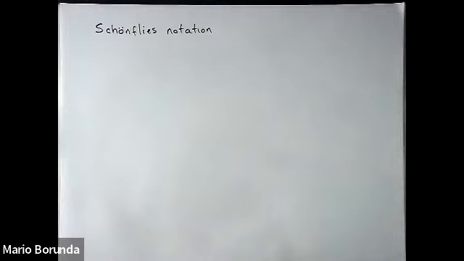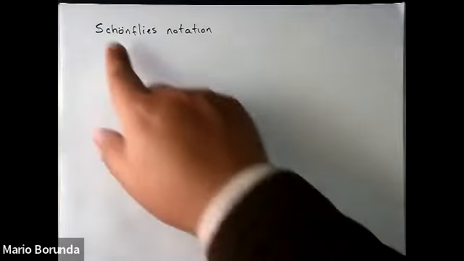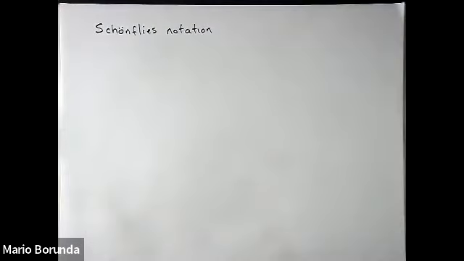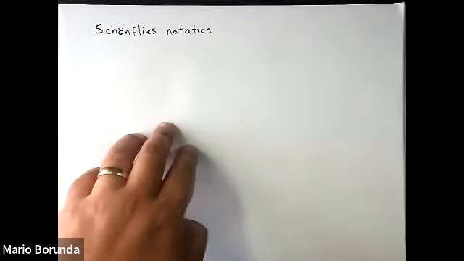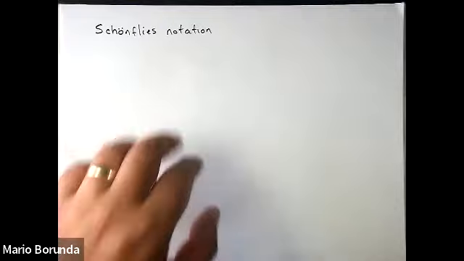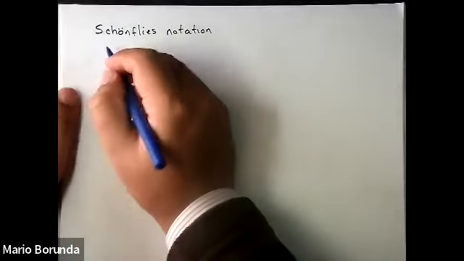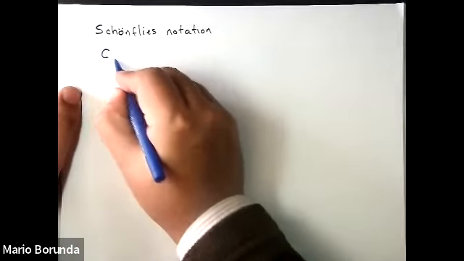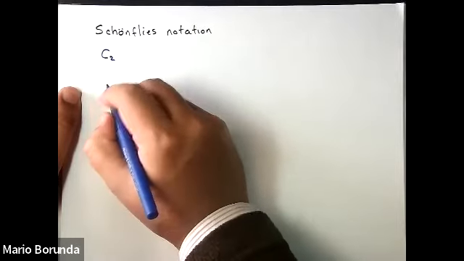So the basic symmetries of the system can be described with this Schoenflies notation. So for instance, we talked about two-fold rotation. Well, this is defined with C2.